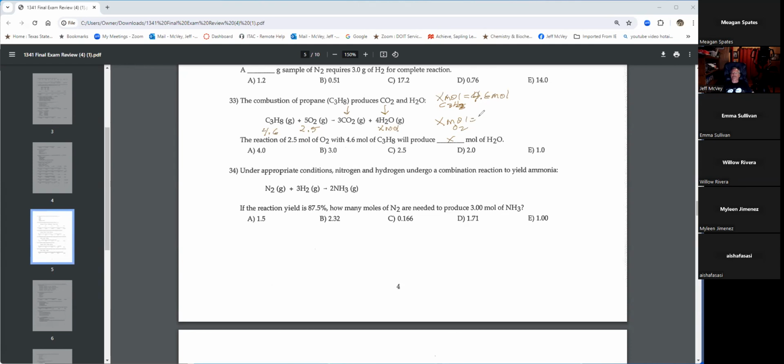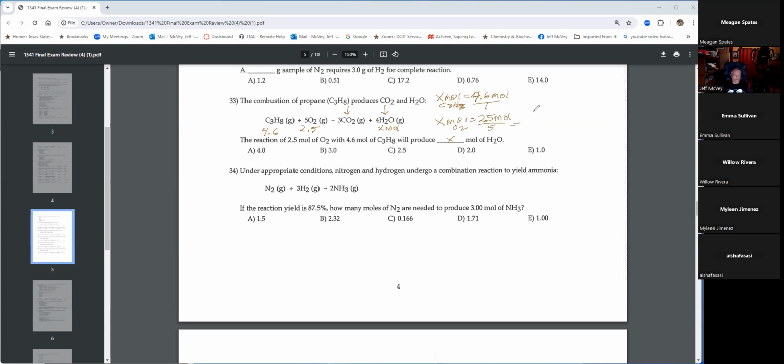I've got 2.5 moles. All right. Now, all I have to do here is divide by the coefficients. Well, this one's pretty easy. The coefficient of propane is 1. The coefficient of oxygen is 5. And I start out with fewer moles to begin with. So this is going to be obvious that oxygen is my limiting reactant.